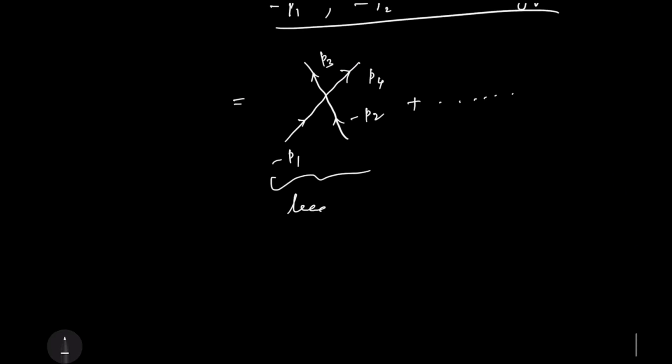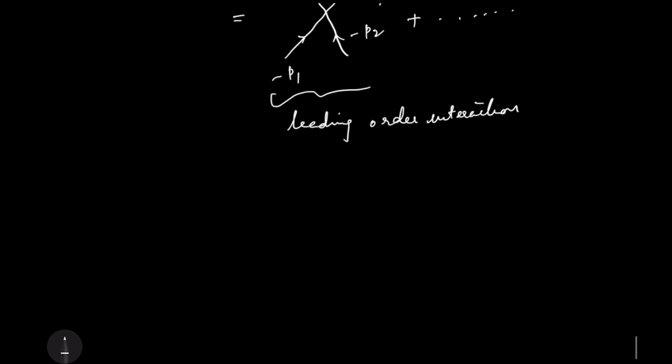Okay, so this is the leading order interaction. Now from the Feynman rules, you can see that this is a vertex which contributes minus i lambda, right, plus the other higher order terms. Now to calculate the Green's function, you have to calculate the propagators, but we have to truncate the external propagators. Fine.